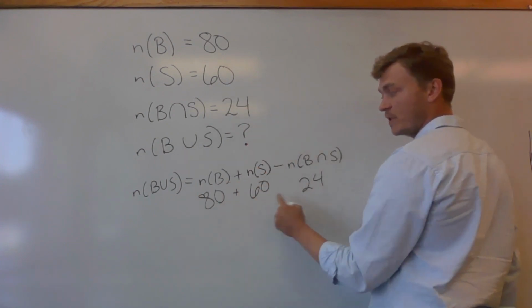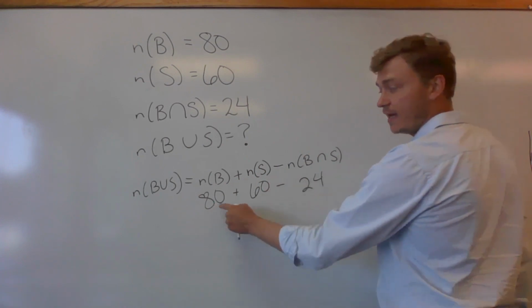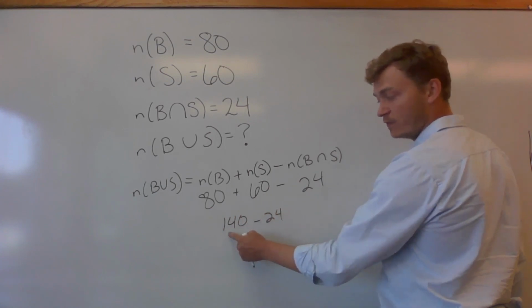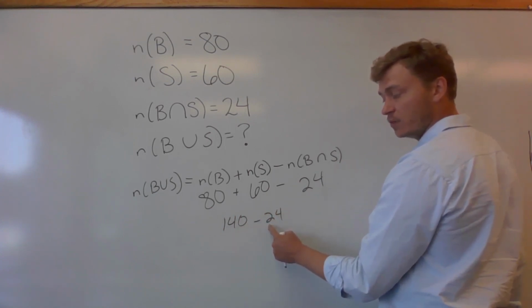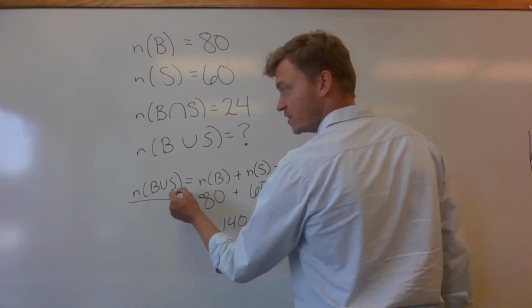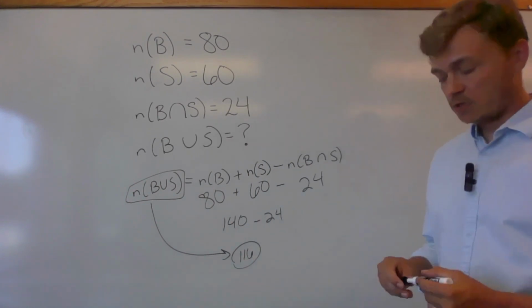So the 24 is being accounted for twice. We need to take it out one time. 80 plus 60, 140. 140 minus 24, well, 140 minus 20 is 120. 120 minus 4 is 116. So the number of individuals that play either basketball or soccer, 116 individuals.